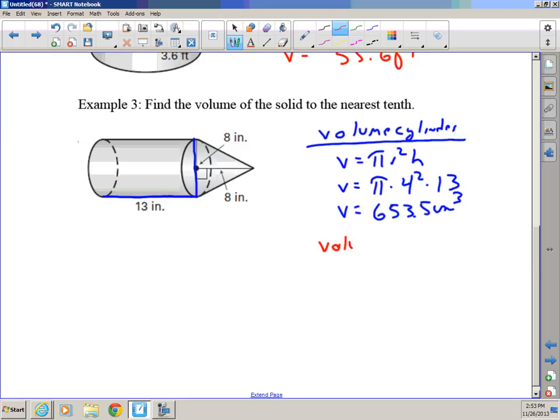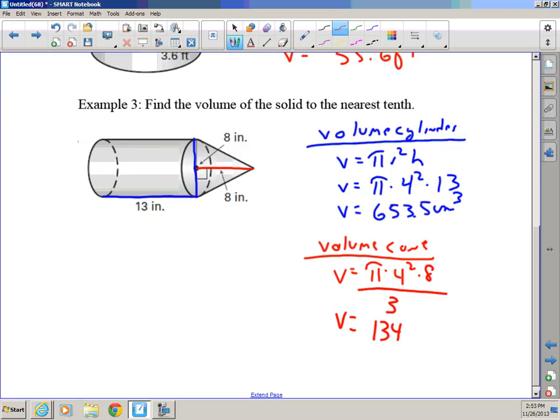Now I do the volume of the cone, pi r squared. It's the same thing because it's the same circular base, so 4 squared. But the height of my cone is 8, and I have to divide all that by 3. So I get that to be 134 inches cubed.